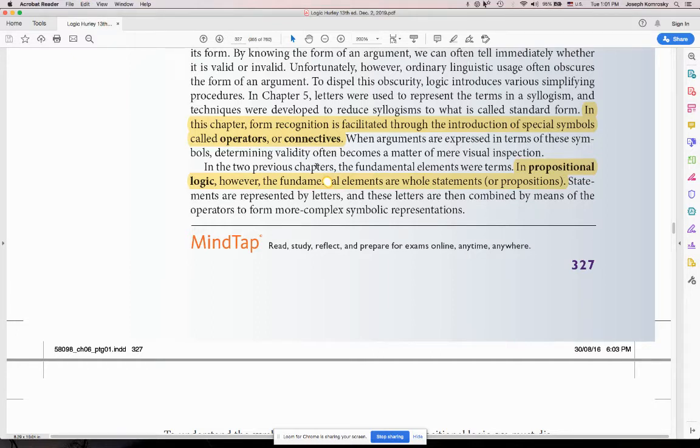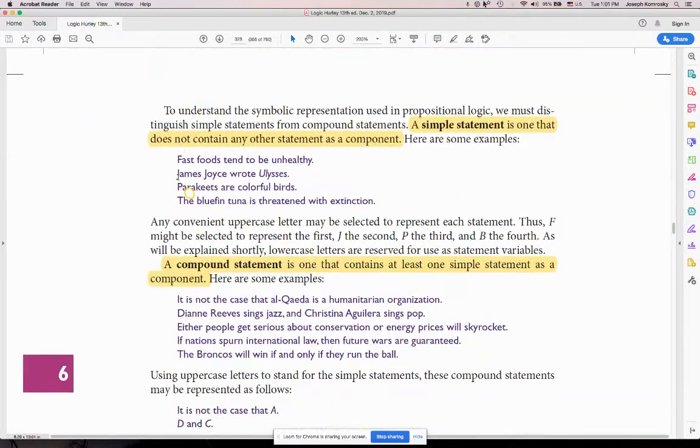What are their criteria? And what kinds of definitions are there for those terms? Well, in chapter 6, we're not worried about the terms as much as we are the propositions, the whole statement. And the whole statement itself can be symbolized into a letter and used later on to give us more information about the validity. So let's start.